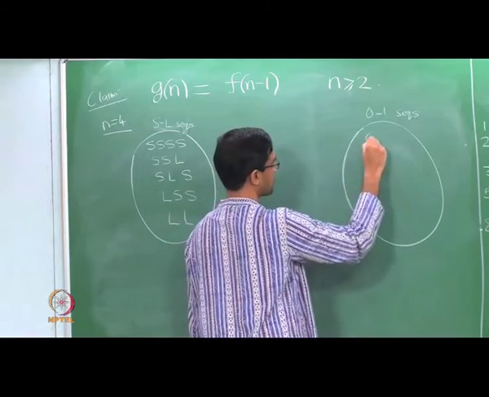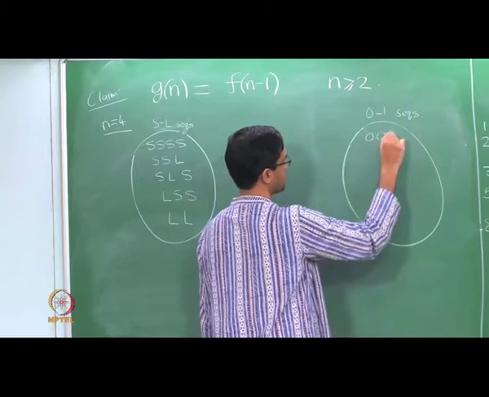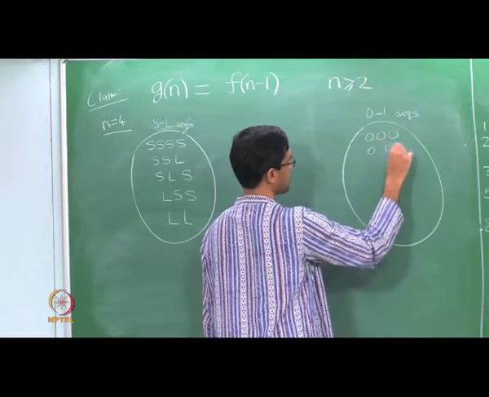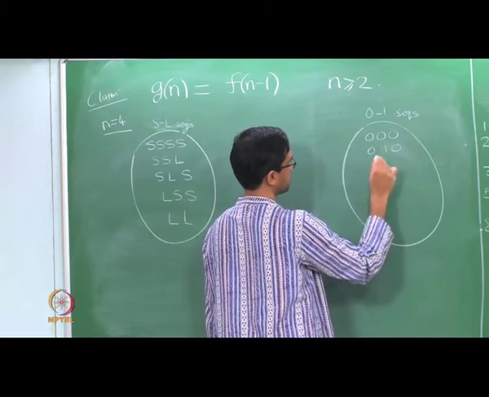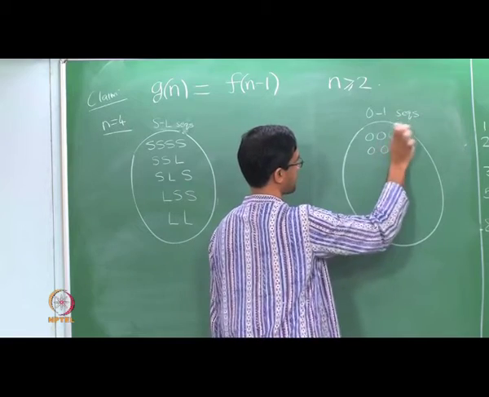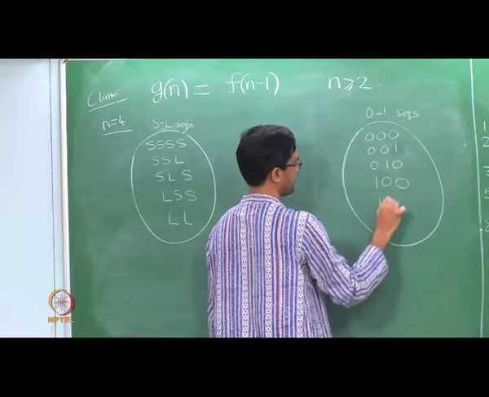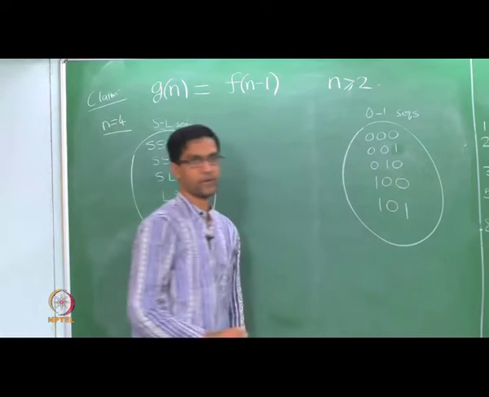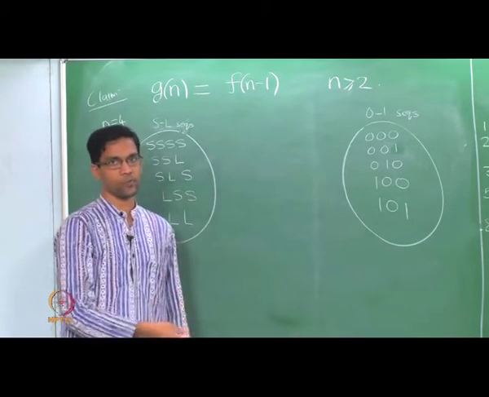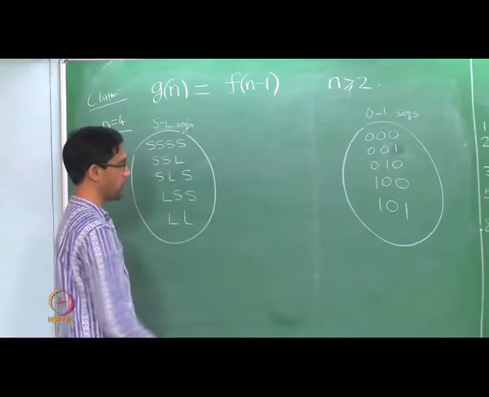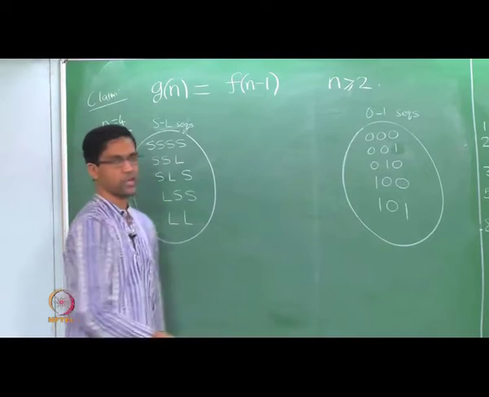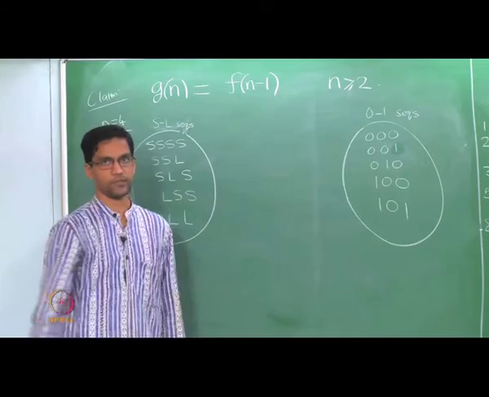So what are the allowed 0 1 sequences for n equals 3? That is all 3 zeros, 0 0 1, 0 1 0, 1 0 0, 1 0 1. So there are 5 of them, right? And this is really what I am going to prove, that the number of short long sequences is the same as the number of 0 1 sequences with one smaller length.